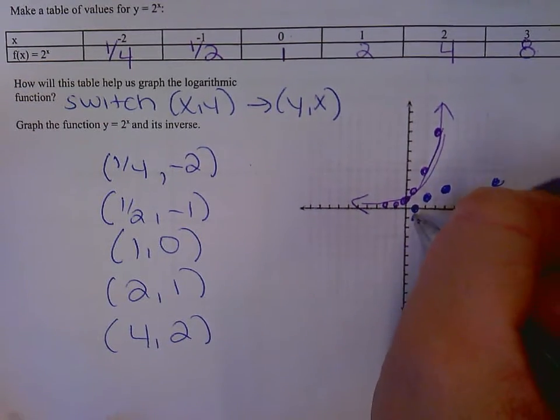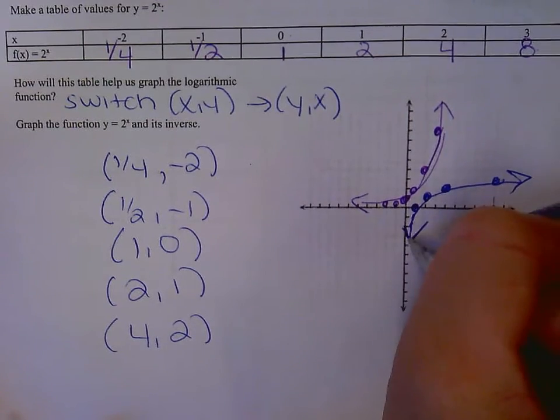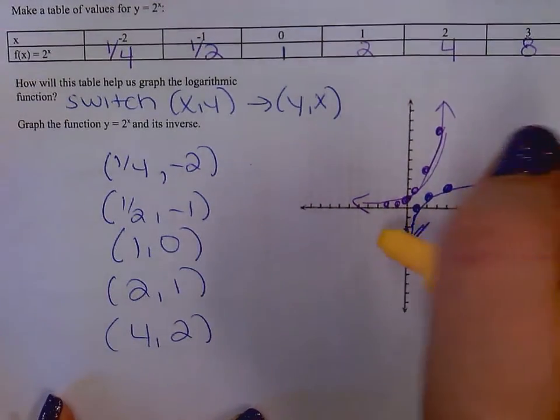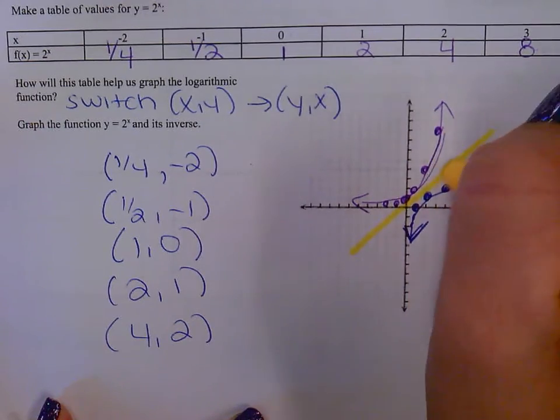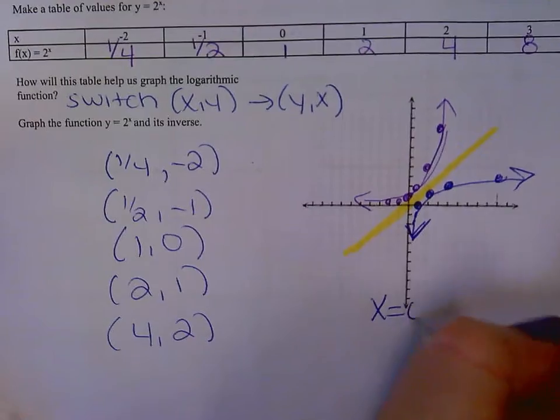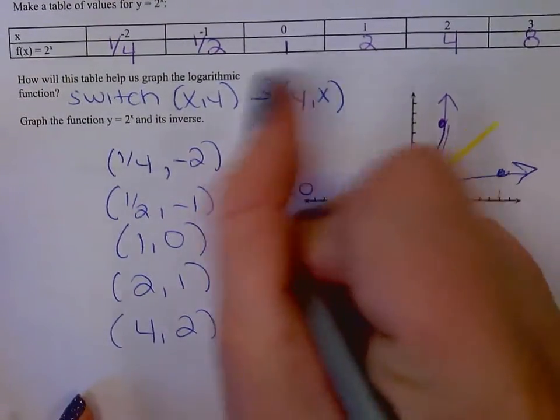And then 1/2 and 1/4 go straight down. So purple is the original, blue is the inverse, and then remember it's a reflection over the line y equals x if you wanted to see the reflection line. And we also have an asymptote at x equals 0 because our original asymptote in purple was at y equals 0.